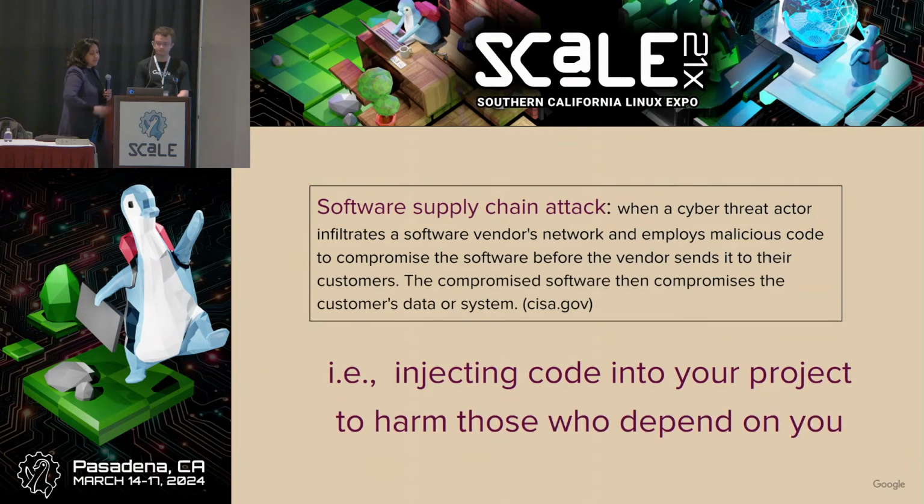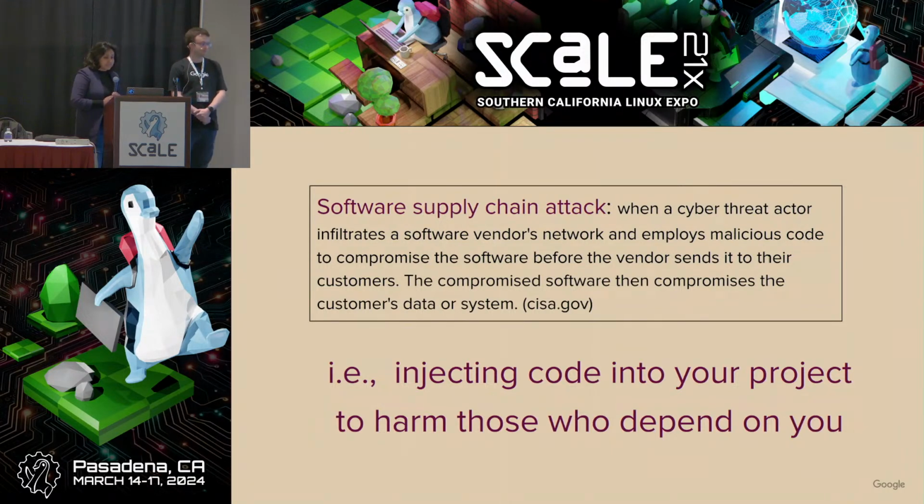There's an official definition at the top here that you can see, but for today's purpose, we can just say that a supply chain attack involves injecting code into your project to harm those who depend on you. And while this definition is about attacks, not everything we'll talk about today starts from a malicious mindset.